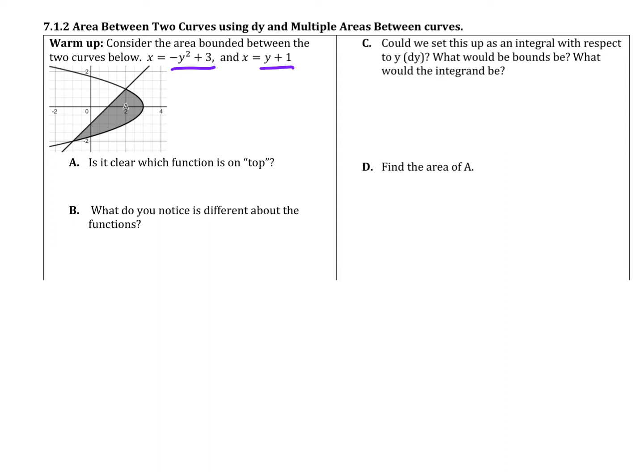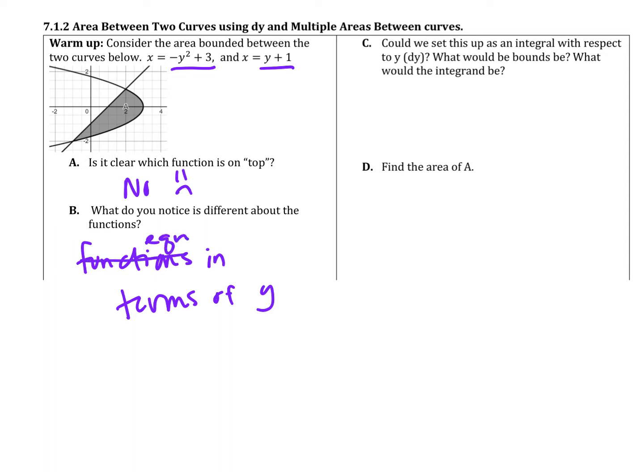What do you notice that's different about them than everything that we've been doing before? And I'm hoping that what you notice is that they are in terms of y, and I shouldn't actually say that they're functions since they don't pass the vertical line test. They are equations in terms of y.